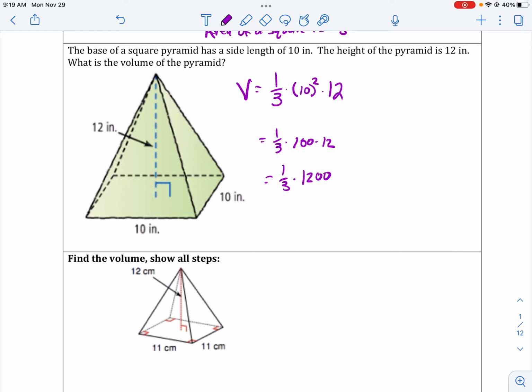One-third times 1200. Now you could, in your calculator, plug in 1/3 times 1200, or you could just take 1200, divide it by 3, gives you the same answer, which would be 400 cubic inches. So that would be the volume of this pyramid.